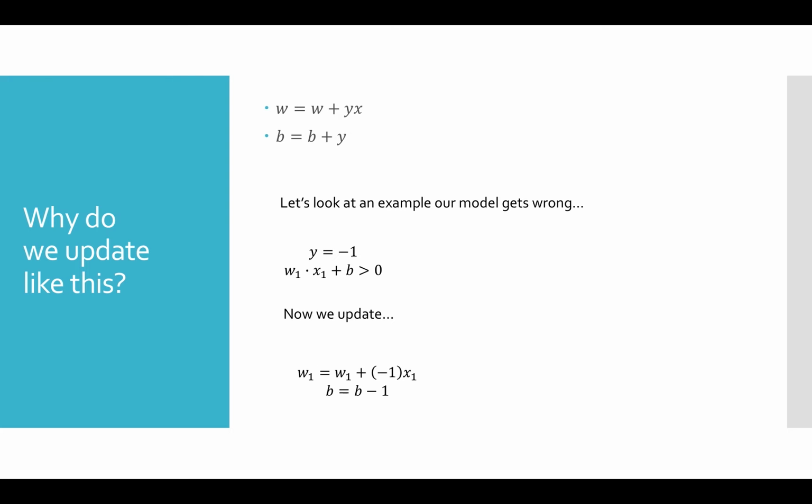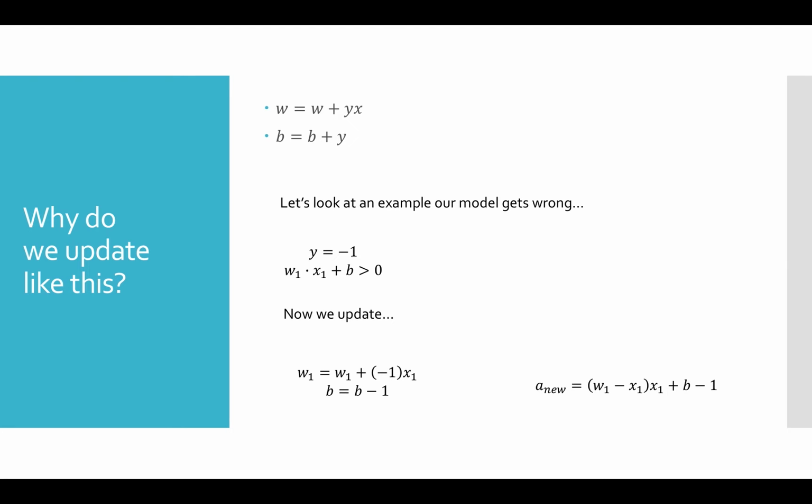Let's think of an example where we just have one feature and one weight. So we have W1 times X1 plus B is greater than 0. Okay, so we got it wrong. We need to update. Let's use the equations up top to update. We have W1 equals W1 plus the label times the feature, which would be -1 times X1. And then we update the bias: the bias equals the bias minus 1, which is the bias plus the label.